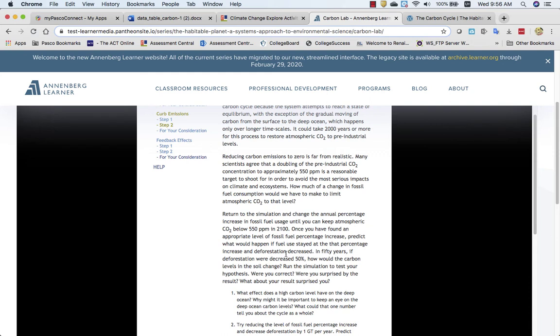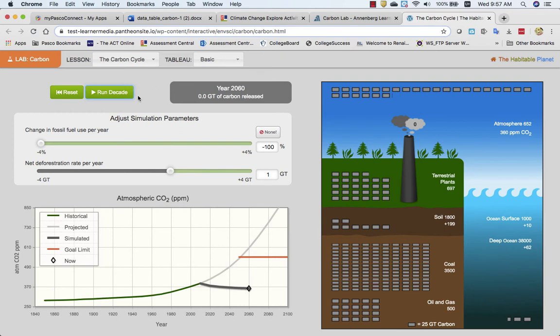So the first step of this is to try to figure out what is the sustainable use of fossil fuels that would keep carbon dioxide concentration levels below 550 parts per million. And then once you determine what that is, if deforestation was decreased by 50%, how would the carbon levels in the soil change? Run your simulation to test your hypothesis. We know we can't live at 0 here, so let's reset.